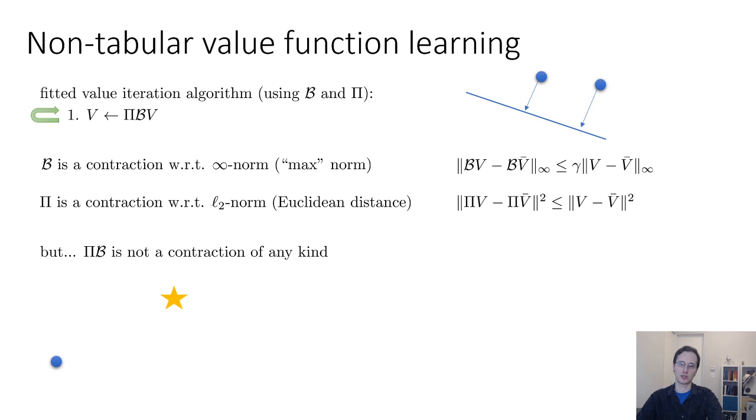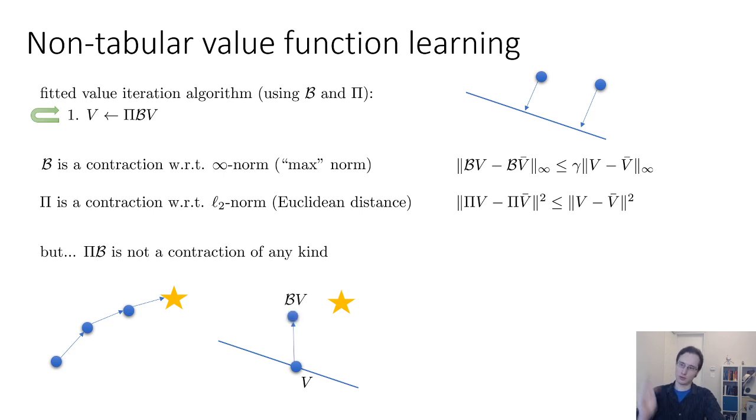So if you imagine that this is your starting point, the yellow star is the optimal value function, and you take a step, so your regular value iteration will gradually get closer and closer to the star. If you have a projected value iteration algorithm, fitted value iteration algorithm, then you're going to restrict your value function to this line each step of the way.